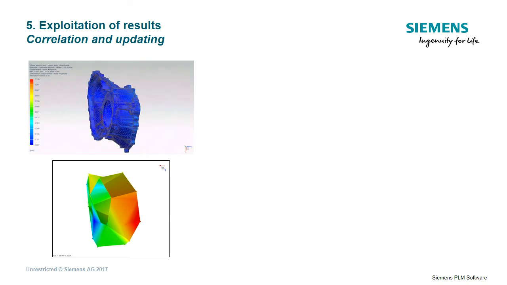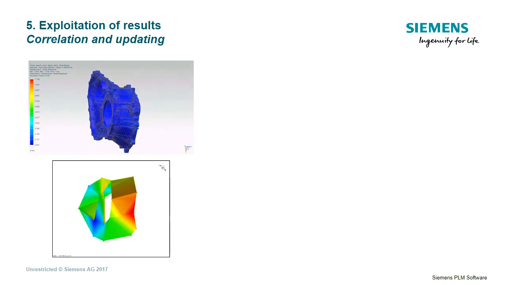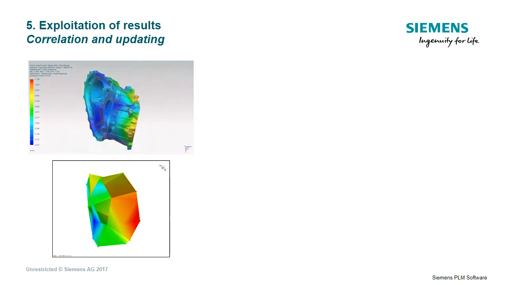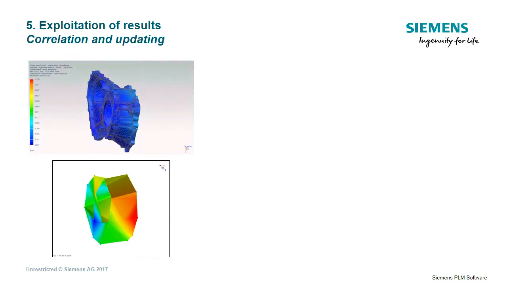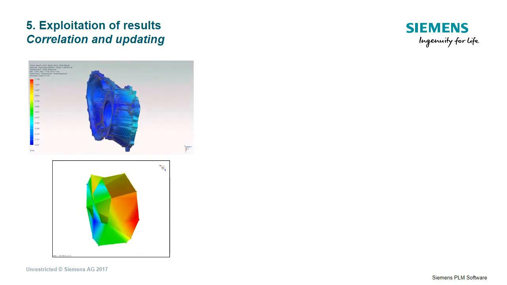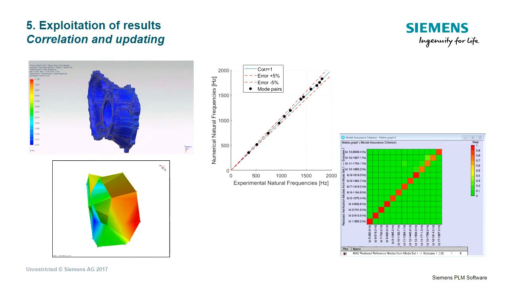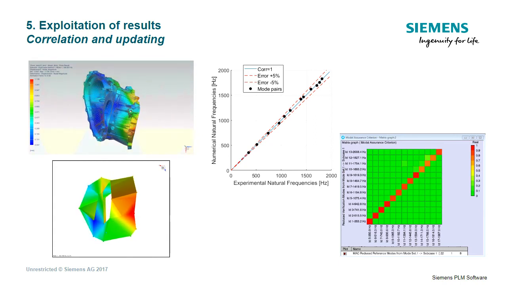By taking advantage of sensitivity analysis and optimization algorithms, it's possible to update physical parameters to improve the model based on the experimental data. In the majority of the cases, the errors between the natural frequencies and correlation between mode shapes are used, and the results are summarized as seen here in these two diagrams.